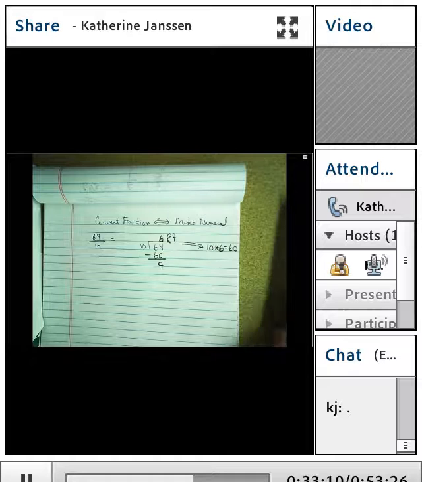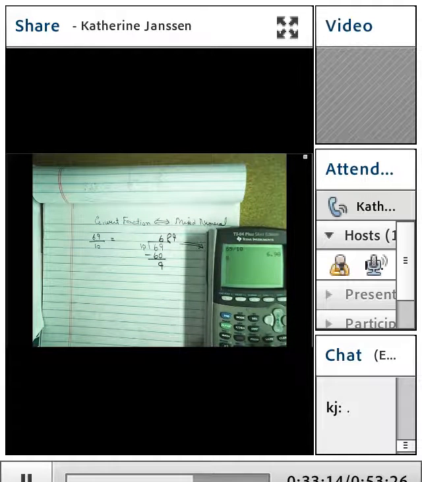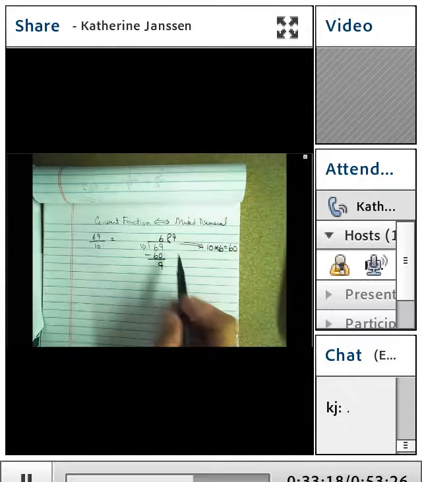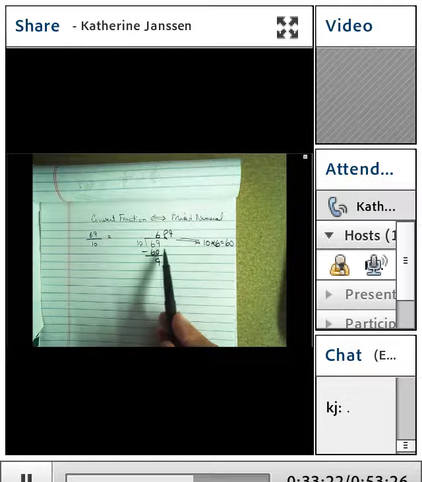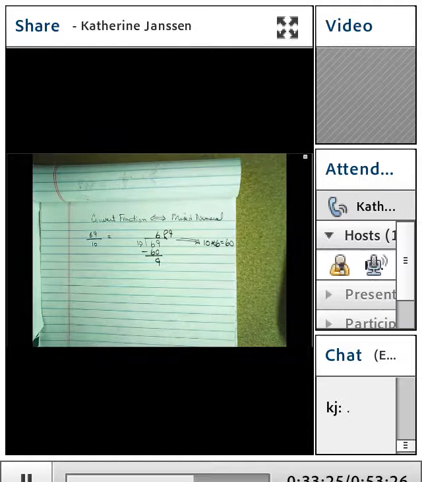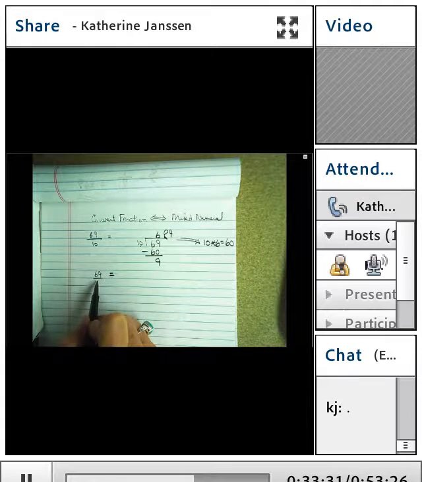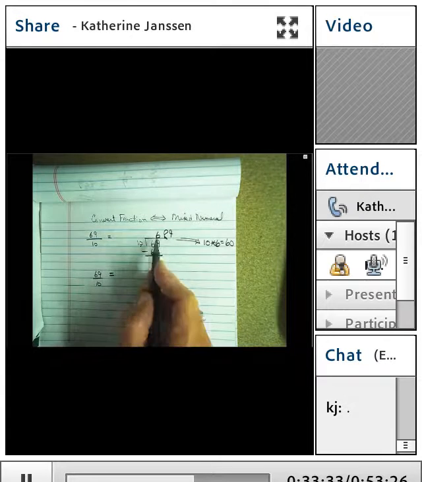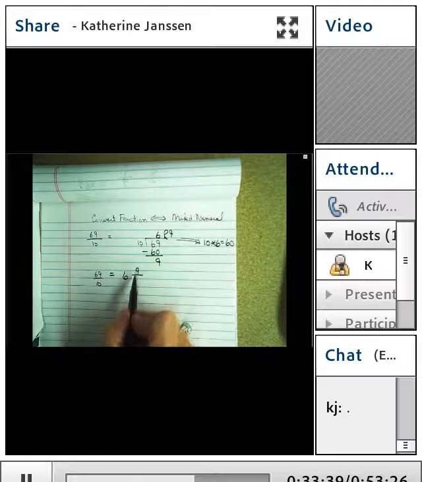So your calculator is going to show your answer when you divide in decimal format, and we're going to have to convert that back so that we can show our answer in the equivalent mixed numeral format. So I have 69/10 is equal to 6, we know that, plus a little bit, which is 9/10.